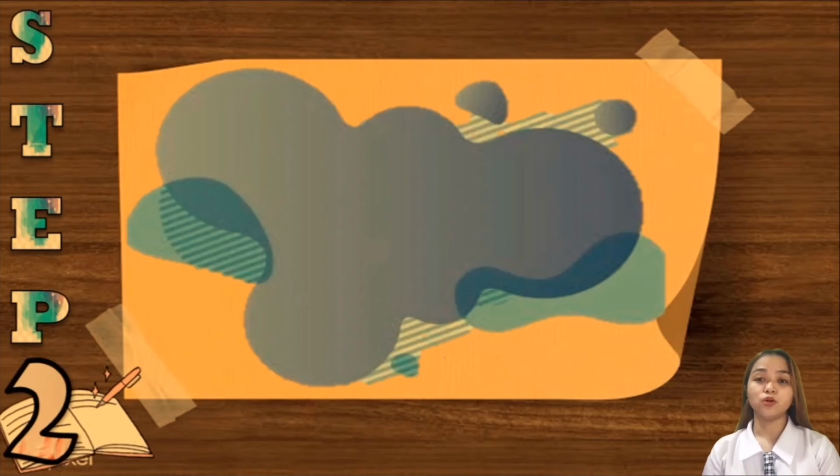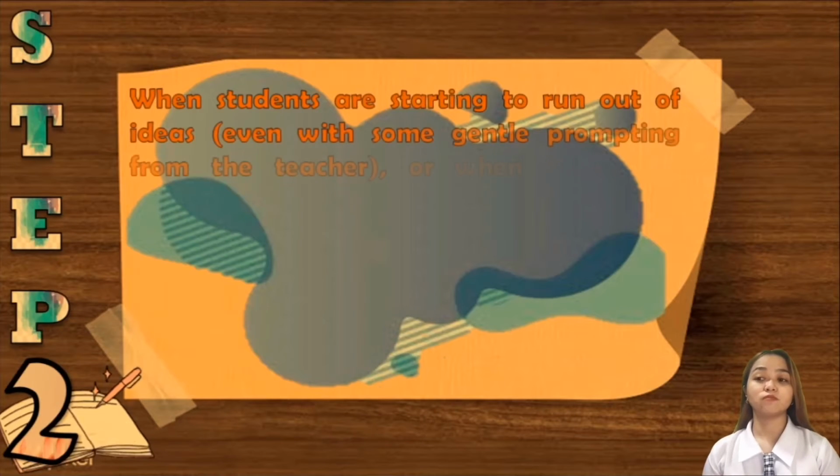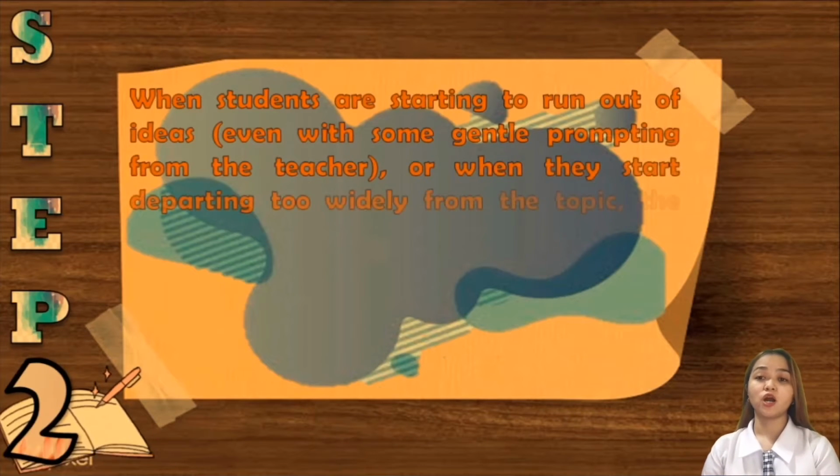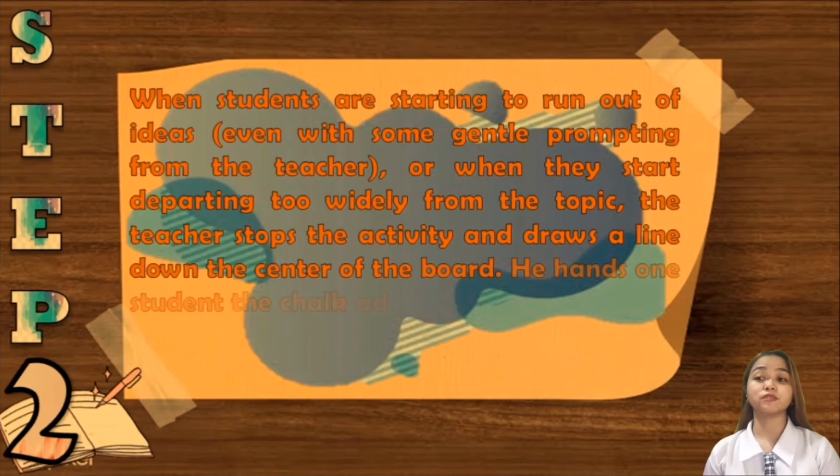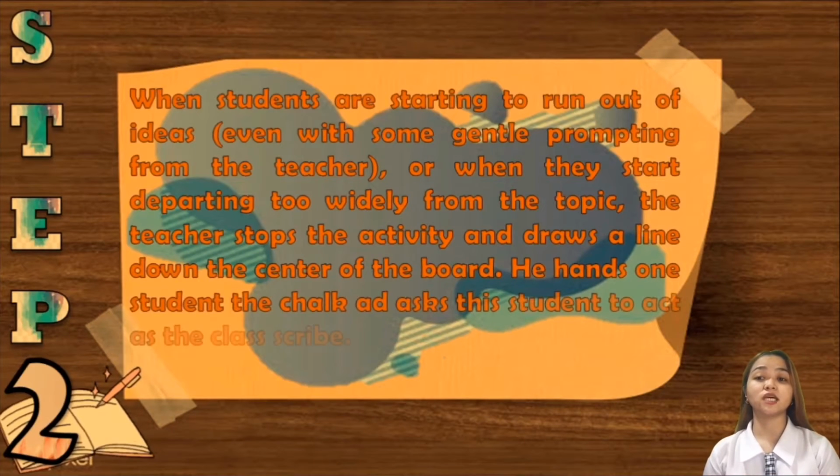For step 2, when students are starting to run out of ideas, even with some gentle prompting from the teacher, or when they start departing too widely from the topic, the teacher stops the activity and draws a line down the center of the board. He hands one student the chalk and asks this student to act as the class scribe.